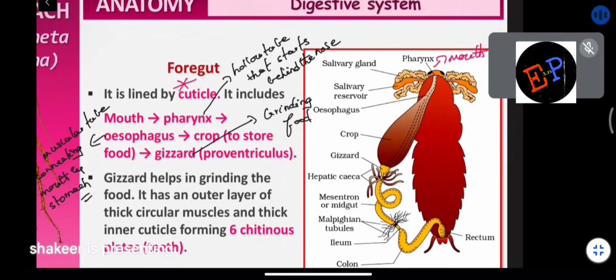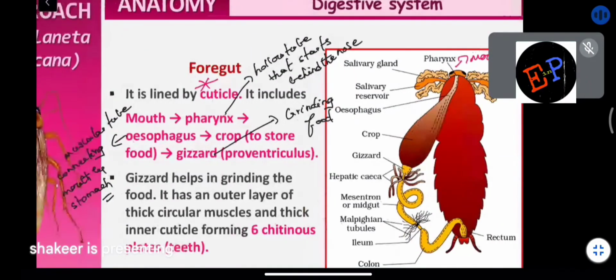It is a hollow tube that starts behind the nose. In the case of human beings also we have a pharynx. The nose is connected to a tube, no? That tube you can call the pharynx. Clear, no? And the pharynx is again connected to the esophagus. What is meant by esophagus? It is a muscular tube connecting the mouth and the stomach. So in between the mouth and stomach we have a very strong, muscular, elongated tube.